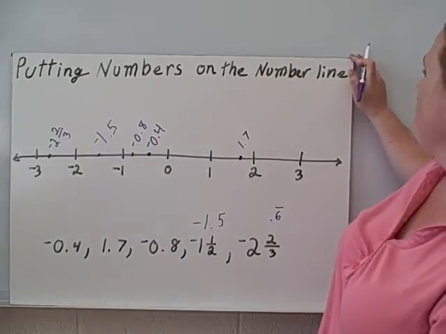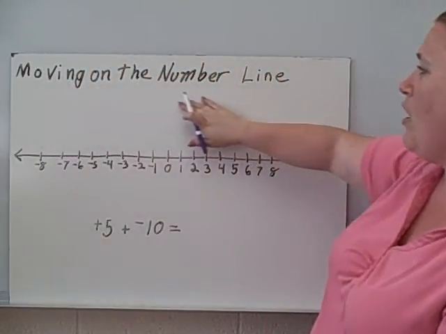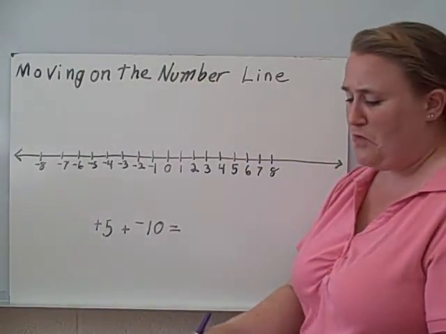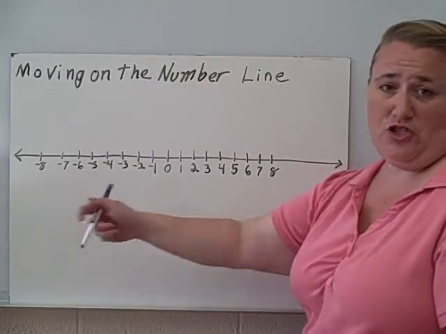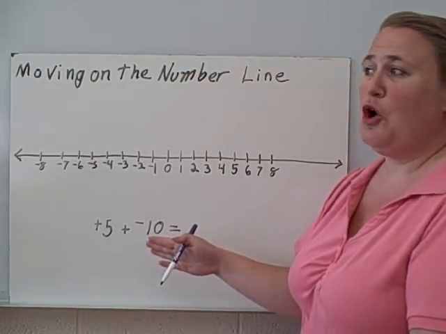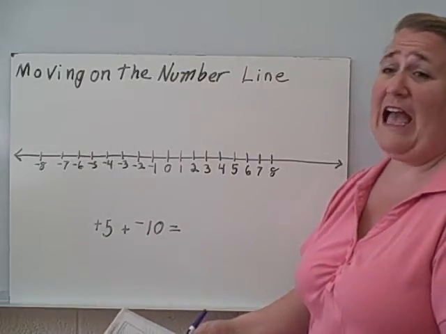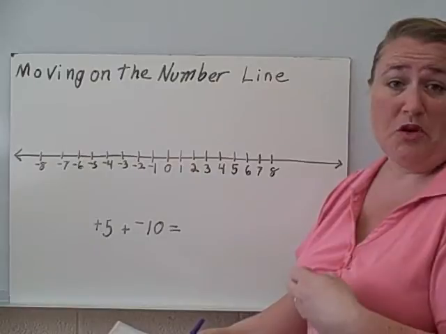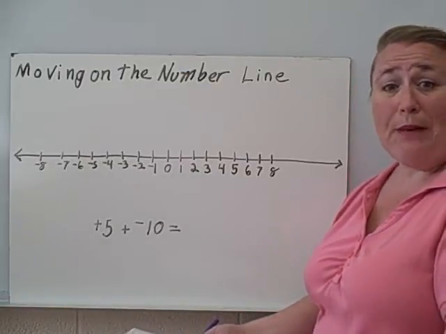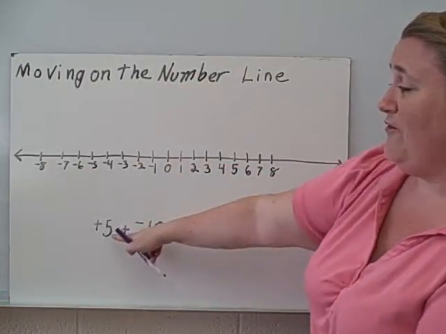All right. We're going to do a couple of examples for moving on the number line. So let's say you have $5 for an allowance, and you are going to go out and buy something, and it just happens it's $10, and you're going to borrow some money from your mom. Well, how much are you going to need to pay her back? So we start at 0, and I have $5.